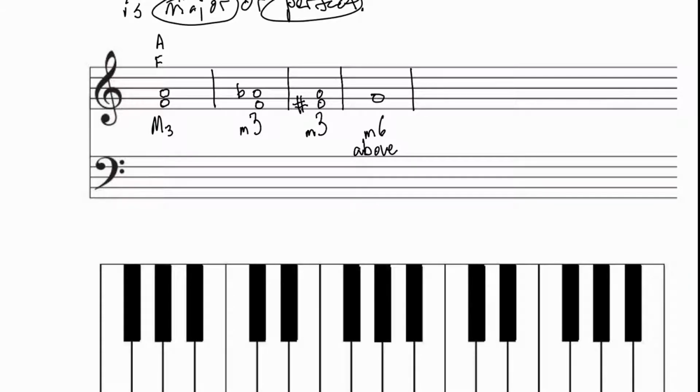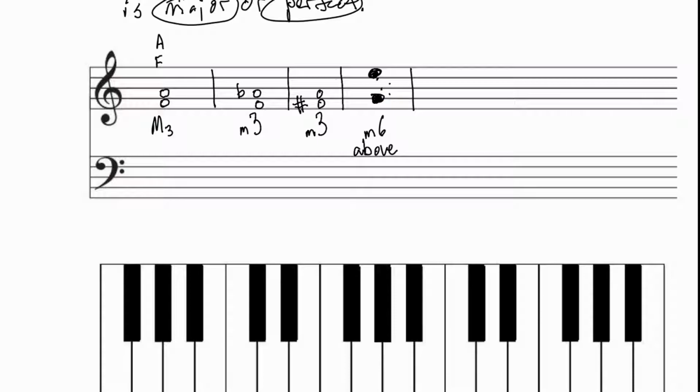Always start with the first note as 1, 2, 3, 4, 5, 6. Okay. So again, when we're counting quantities, start with the first note. 1, 2, 3, 4, 5, 6.